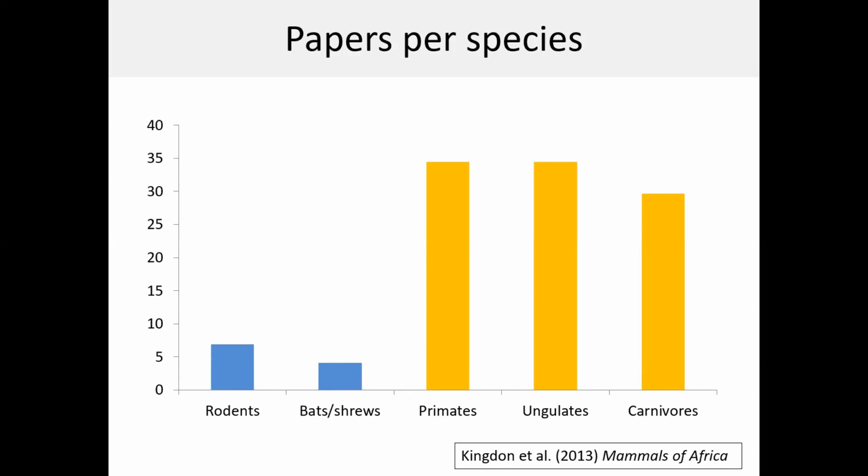For rodents, it's around 7 papers, so a fifth of the amount. And for bats and shrews, it's only 4 papers per species. So we have a real big distinction in research effort, or division in research effort, between the large iconic mammals and the smaller but far more diverse groups.